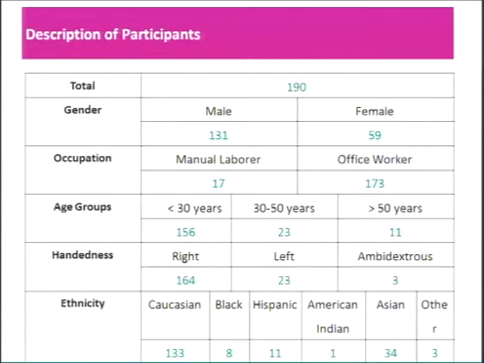Just a description of the participants. There were a total of 190, and the male and female breakdown wasn't equal: 131 subjects were male, 59 were female. And since data collection happened here on Purdue campus, you can expect most of the participants to be under the age of 30 years, which was what was noticed, and predominantly everyone was right-handed.